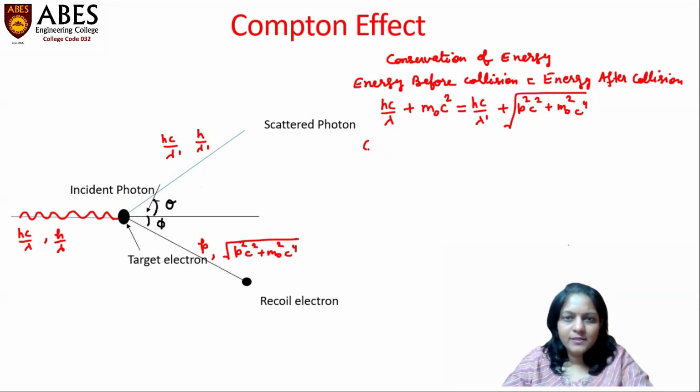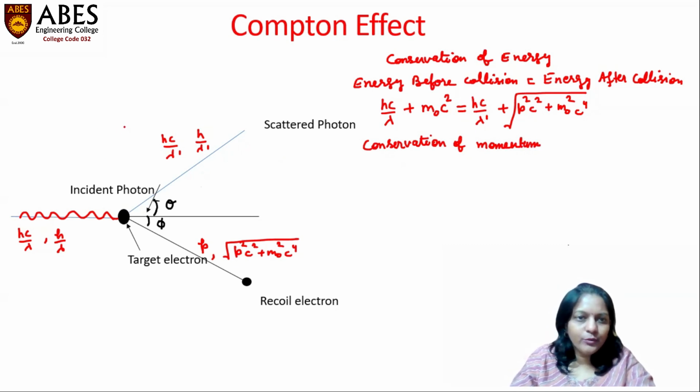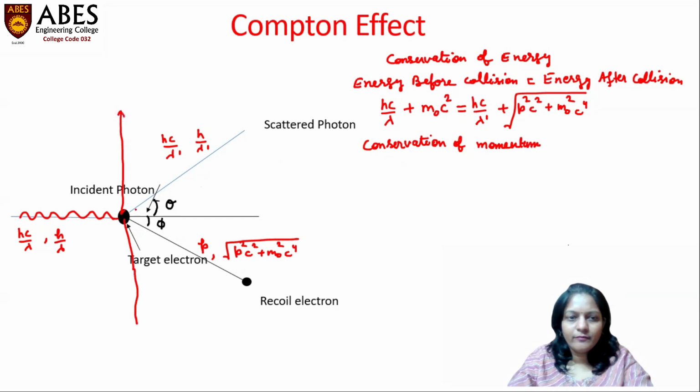Now we will apply the conservation of momentum. For conservation of momentum, let us divide the momentum of the photon and electron into two components along the x-axis and y-axis. So h by lambda dash is the momentum of the scattered photon.